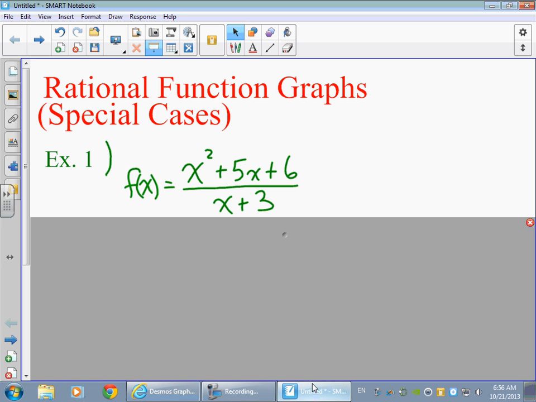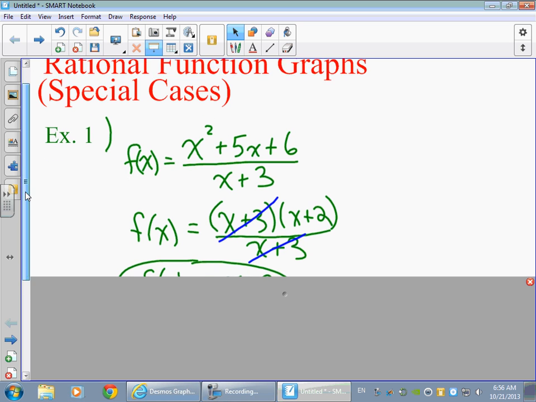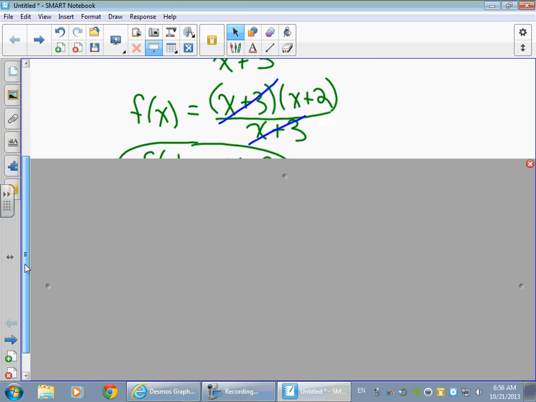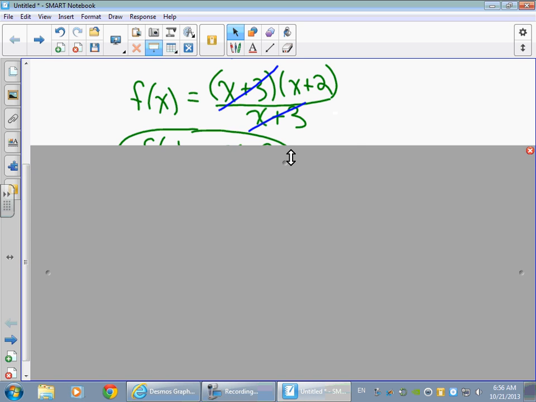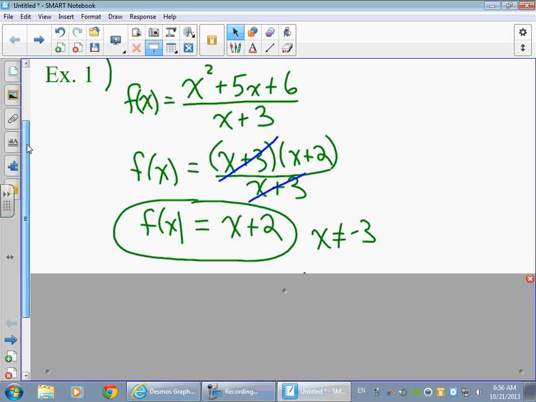I'm going to go back to the graph here and show the reasoning, which is actually fairly straightforward. If you had been given this question last year, what you would have done is factored the top, factored the bottom. In this case, the bottom doesn't factor, but any terms that appear top and bottom, you cancel, or divide out.